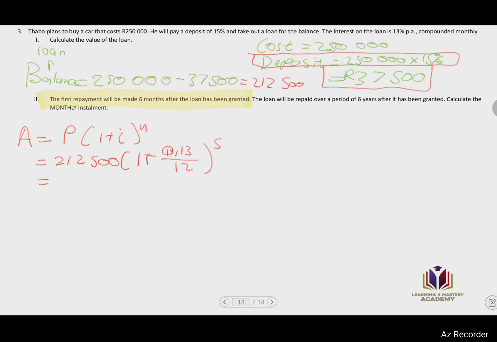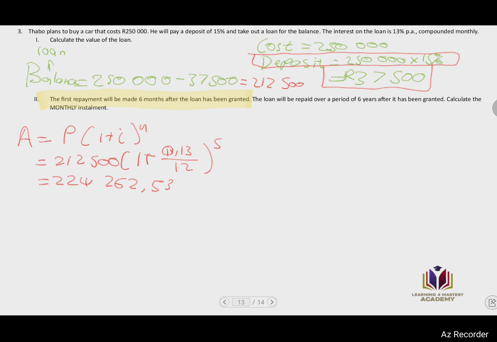I'm going to do this. 212,500, open bracket, 1 plus 0.13 over 12, close bracket, to the power of 5, right? This is going to give us 224,262 and 53 cents.